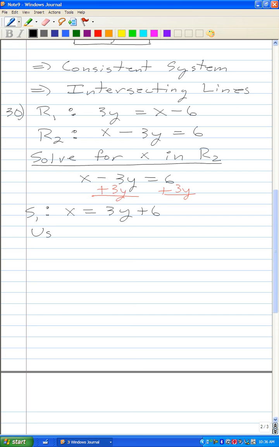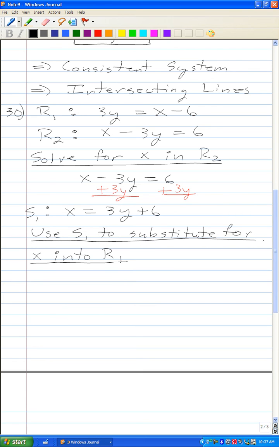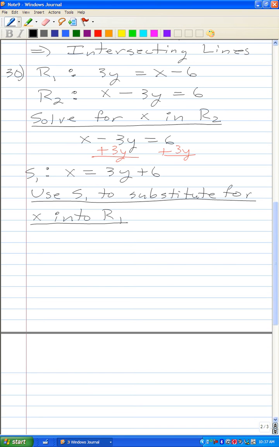So now let's use S1 to substitute for the variable x in the equation R1, since we used R2 already. And so let's use S1 to substitute into R1.